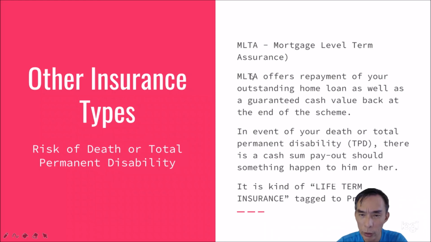This one is built in with savings as well as life insurance. In the event of death or total permanent disability, the cash sum payout covers the outstanding loan, and the person does not need to service the loan anymore, and the property will be completely paid. So this life term insurance is tagged to the property for the level term assurance.